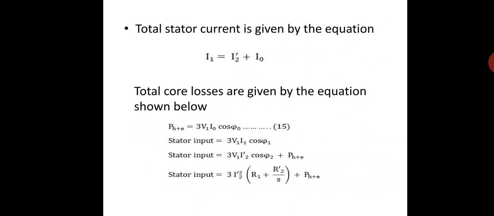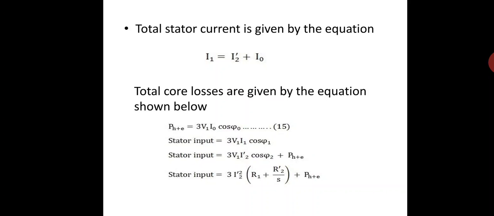So from this circuit we can calculate the total losses by using the basic formula. Here the no load losses can be calculated as 3V1 I0 cos φ0. It's a basic power equation, and the stator input is 3V1 I1 cos φ1.